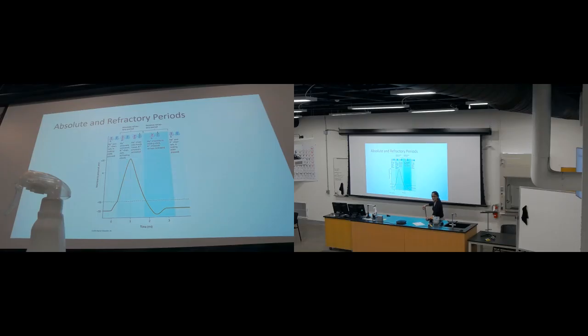Math Cafe. How many $2 bills can you make out of $1,000? 500. So you can generate 500 action potentials in 1 second. How many in 1 minute?